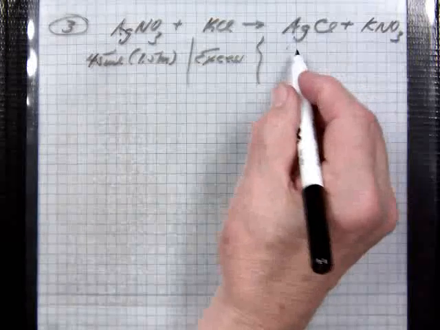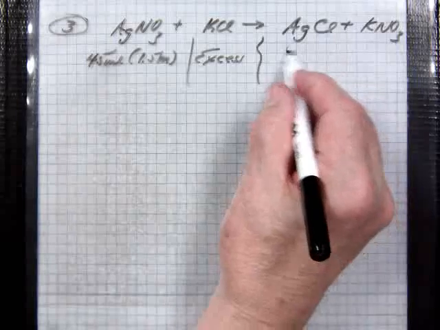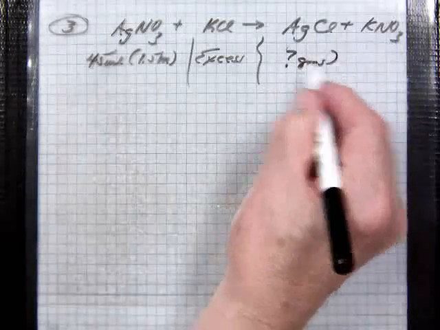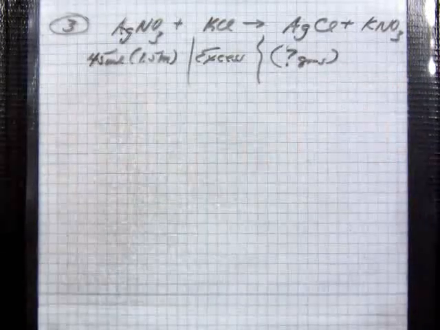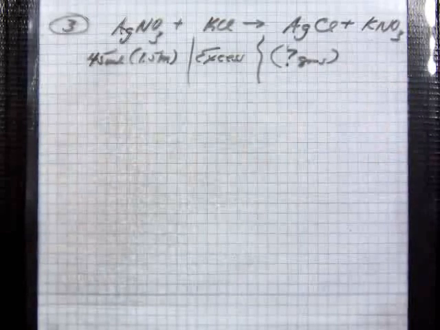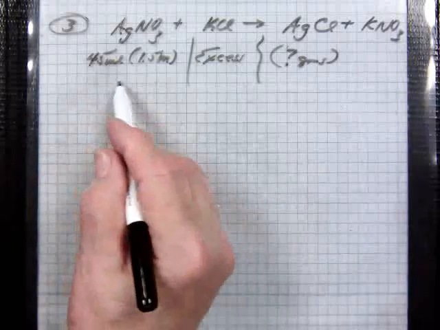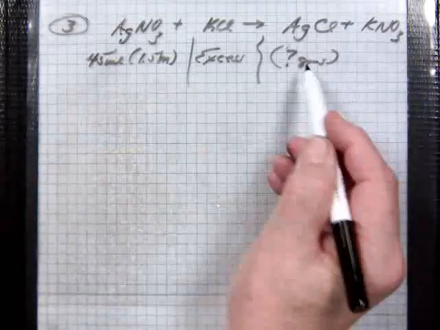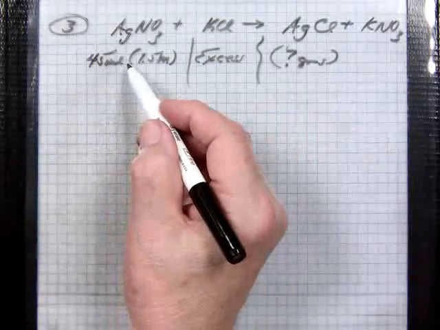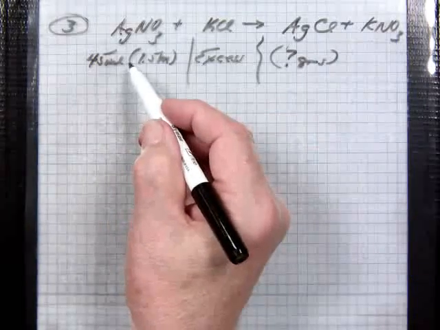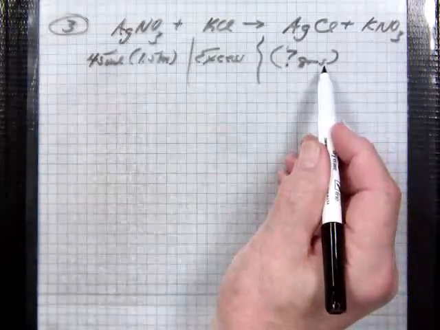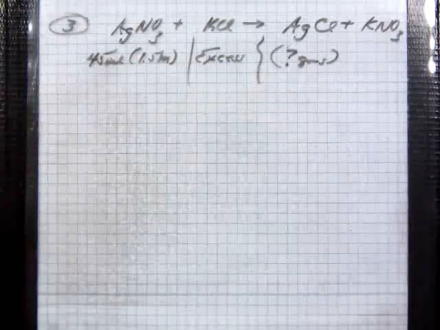And so the question is, how many grams of silver chloride is generated? Well, we first want to calculate moles and then multiply by formula weight, right? So I need moles of this and moles of that. This is a 1-to-1. So if I can get the moles of silver nitrate, then I can get the moles of silver chloride because it's a 1-to-1 reaction ratio.